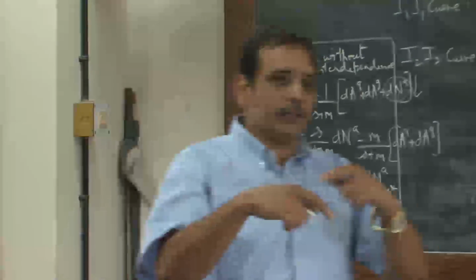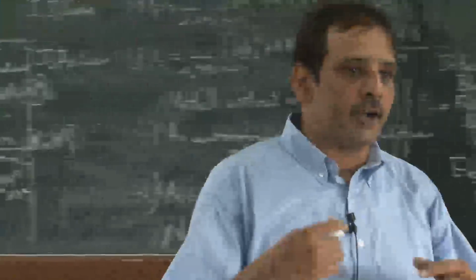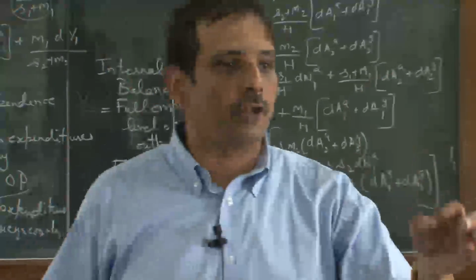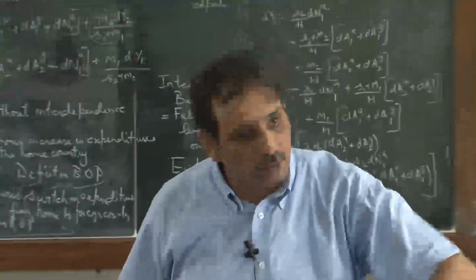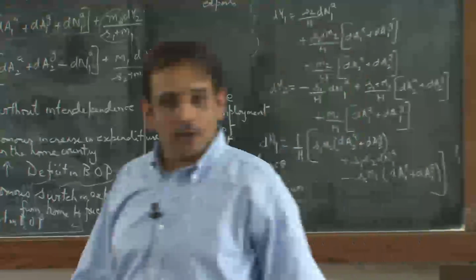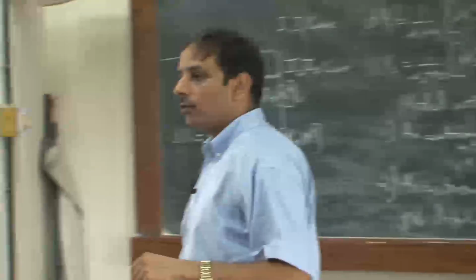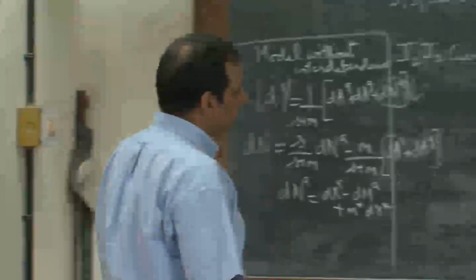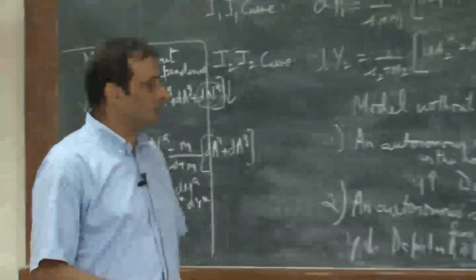And when you appreciate your currency, you switch your expenditures from domestic to foreign goods, because your import prices go down, and your export prices increase in terms of foreign currency. So you switch your expenditure from domestic to foreign goods, and that we will see in the next few lectures.